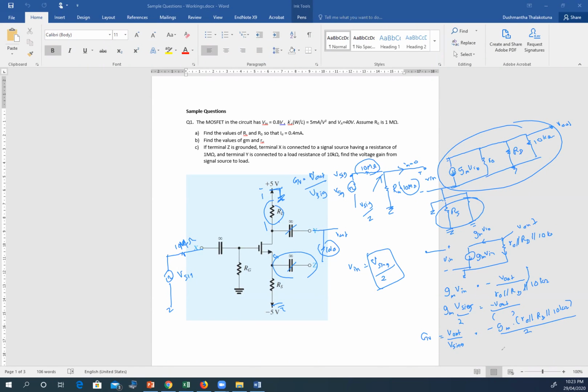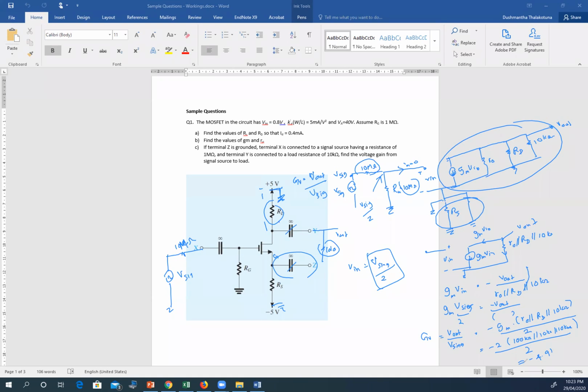If you substitute, because you now know g_m, which is 2, and R_O is 100 kilo ohms, then R_D is 10 kilo ohms, then 10 kilo ohms divided by 2. This will come to an answer. So this 10 becomes 5 kilo ohms, in parallel with 100 kilo ohms. It will come to something like 4.9.